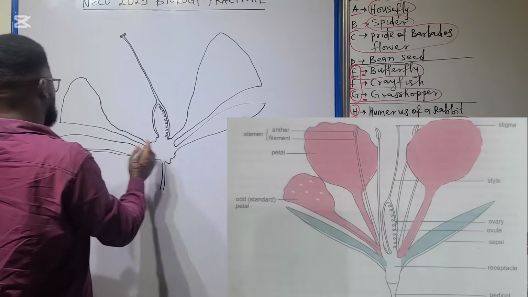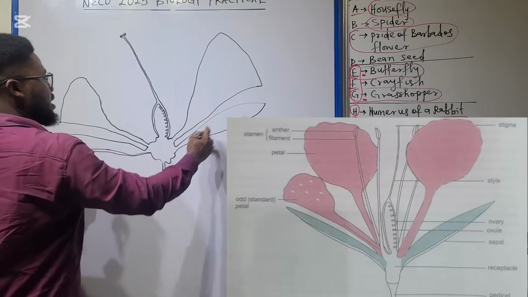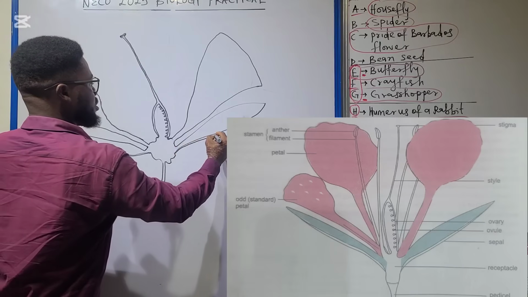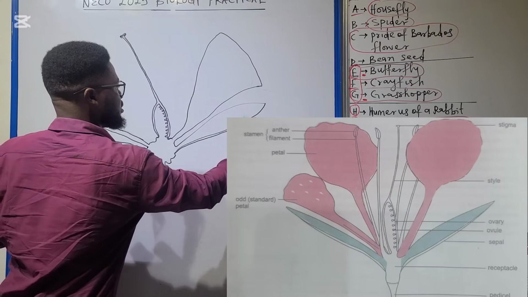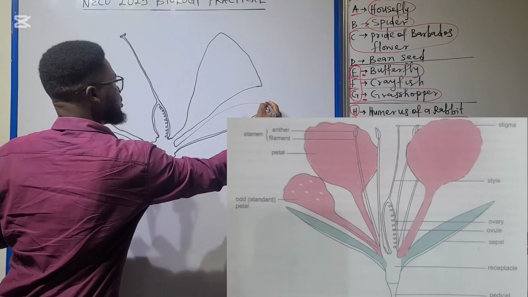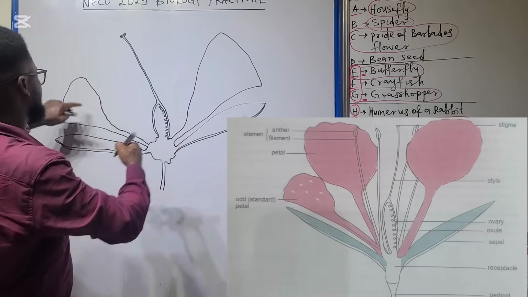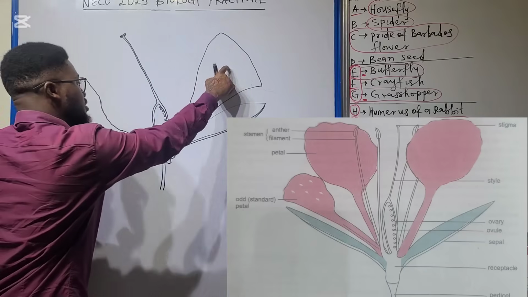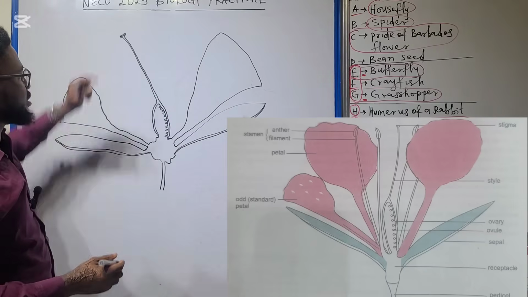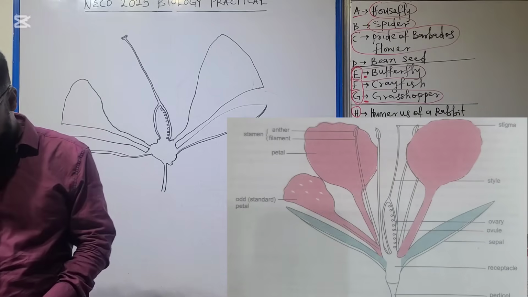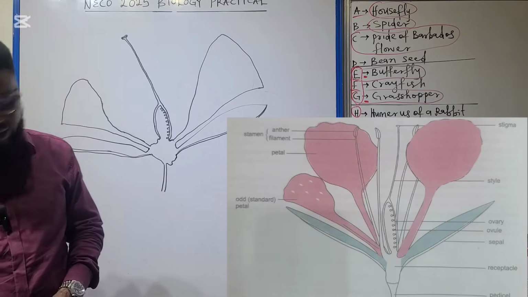It is green in color. You can make it a double line. Now these here are the sepals, the special petal, the one petal left. This is the stigma.